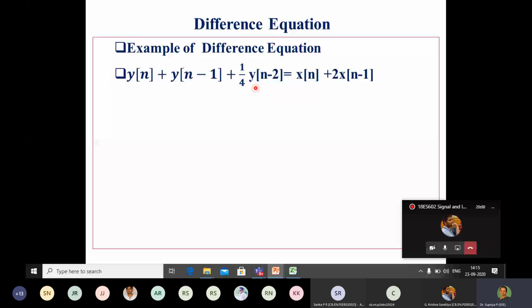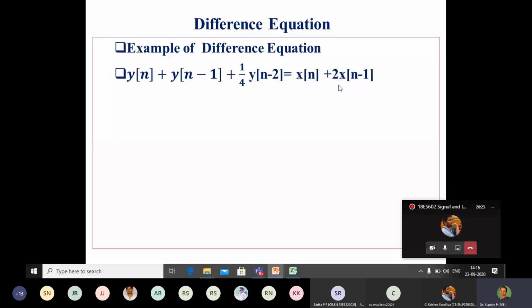However, we have a past output given by y of n minus 2, and here you can see that the value of this a is 1 by 4, the value of this a is 1, and the value of this a is also 1, which means a0 is 1, a1 is 1, a2 is also 1. Similarly, here b0 is 1 and b1 is 2.